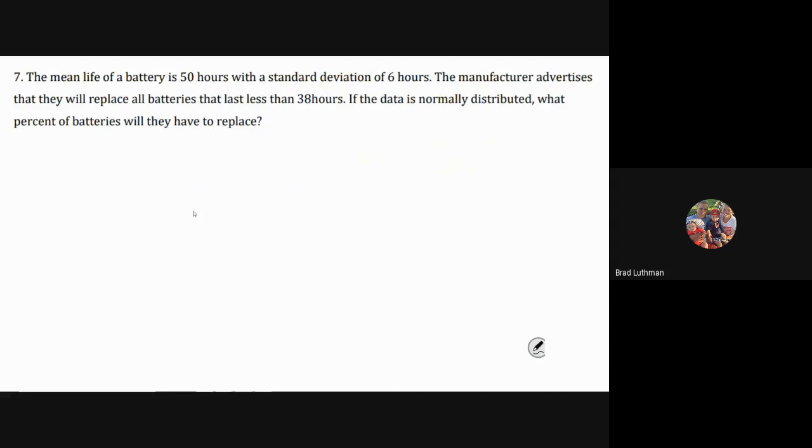The mean life of a battery is 50 hours with a standard deviation of 6 hours.